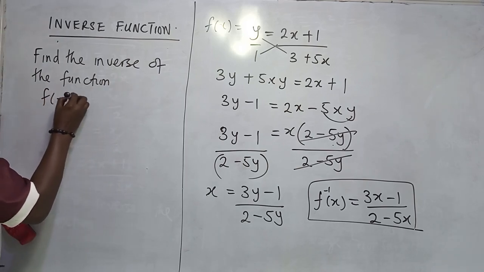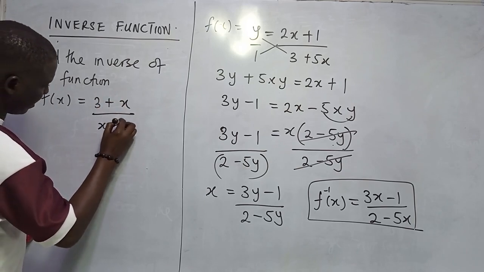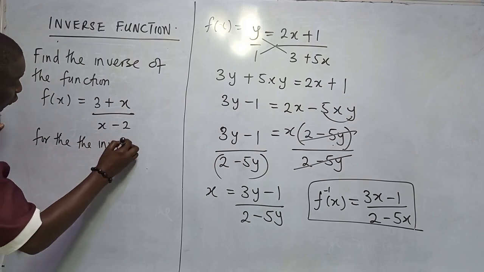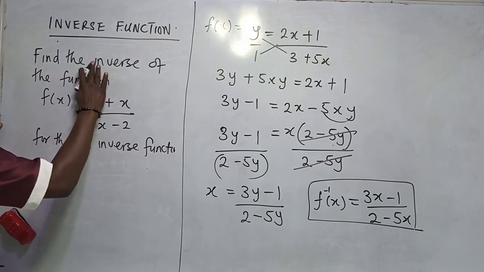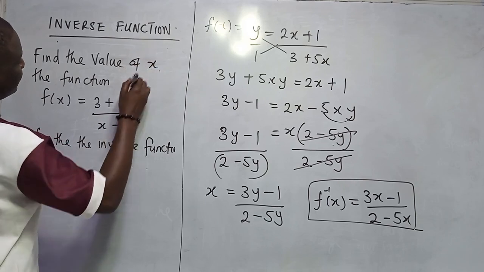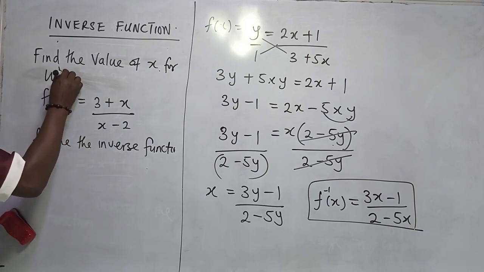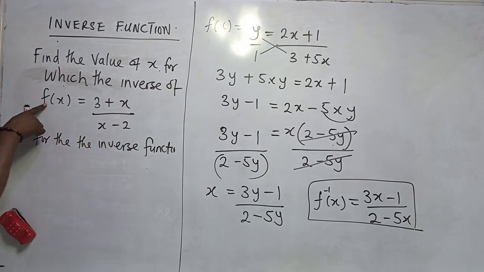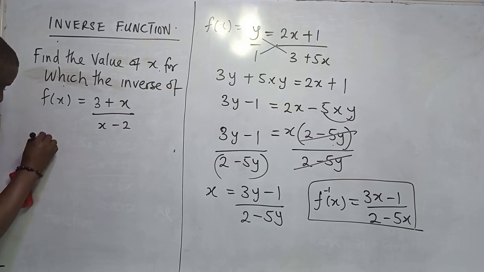f of x equals 3 plus x over x minus 2. Find the value of x for which the inverse of f of x does not exist or is undefined.